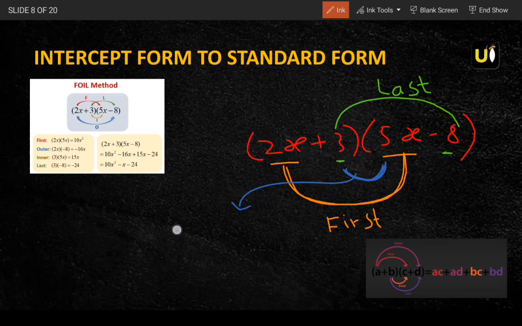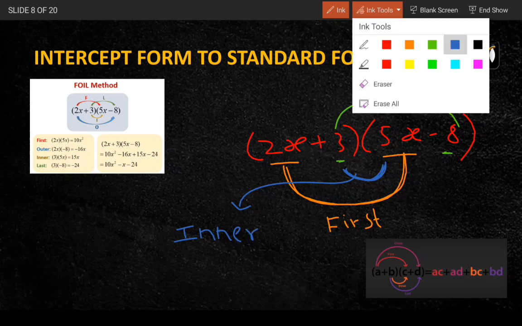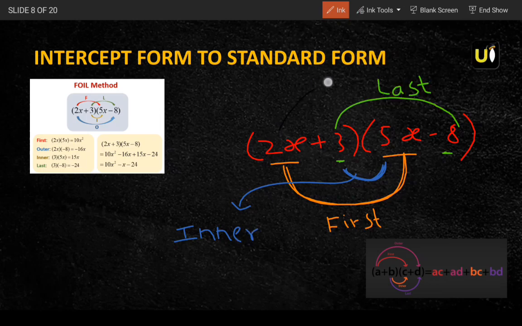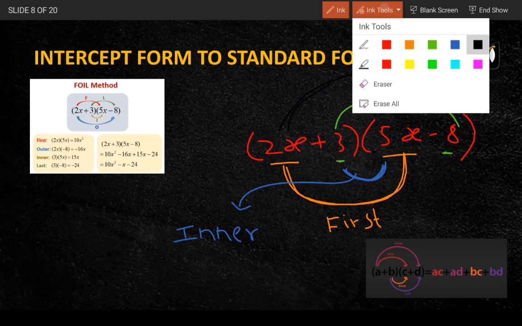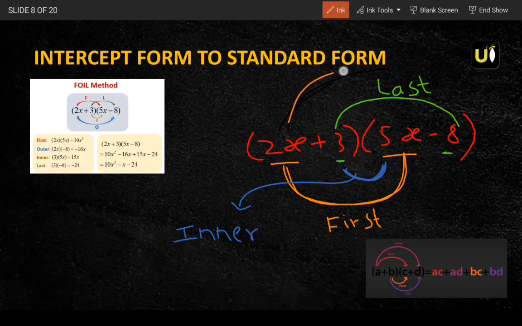FOIL. Okay. So now let's see this clearly. What is the first term? We multiplied 2x and 5x. That means it is 10x square. Next, the outer ones.